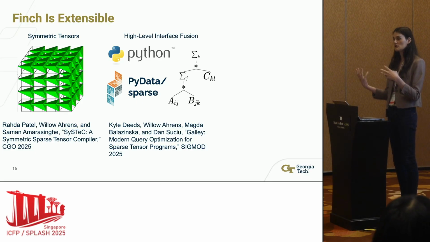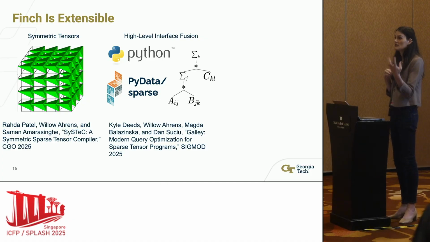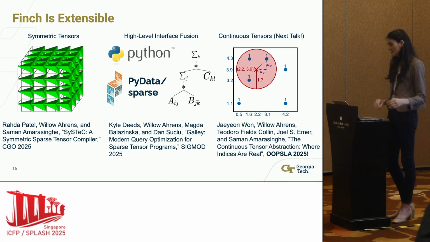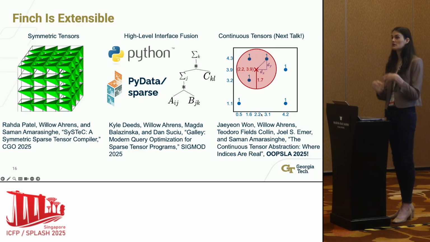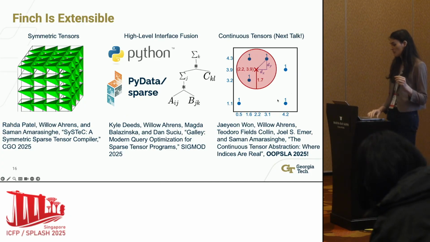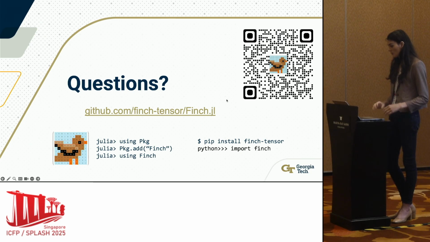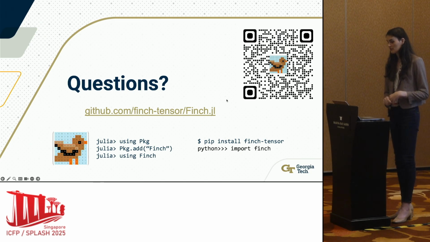And so this was an instance where being very precise about the data flow and the control flow that you emit was really useful. And in the next talk, you'll see my colleague Jayan describe a system that uses Finch to iterate over continuous values. So we kind of pun on what values an array can be indexed by to allow it to be indexed by real values. So with that, I will take any questions that you have, and we'll go on to the next speaker.